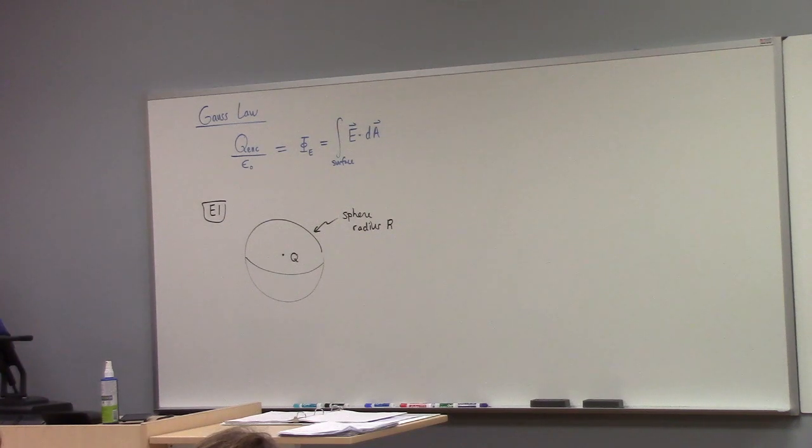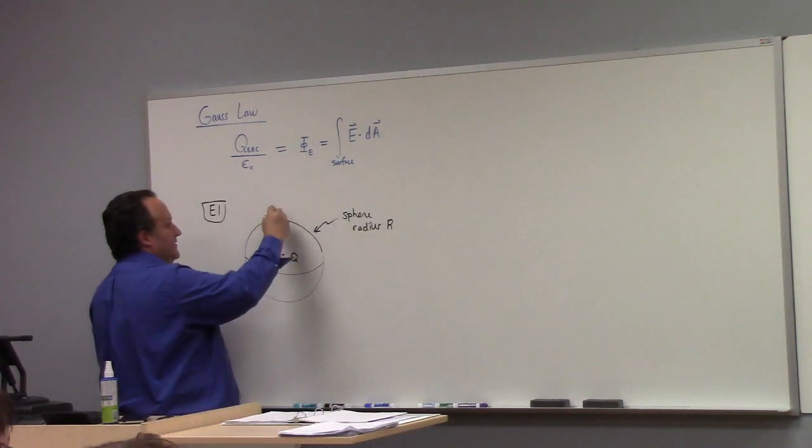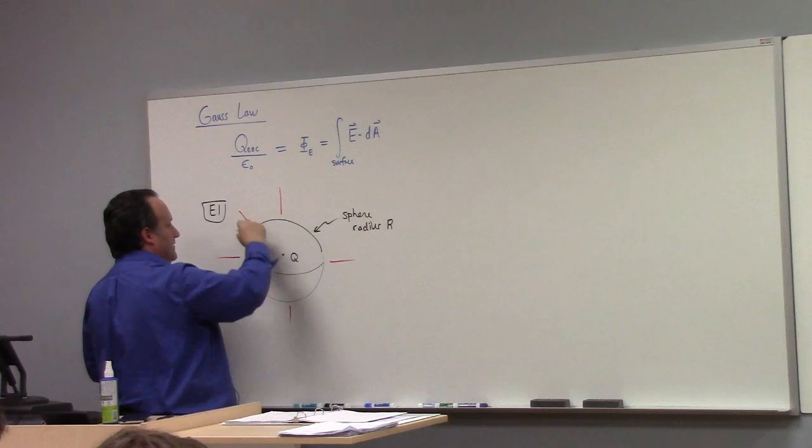Because the electric field points radially outward from the charge, and because there's a perfect symmetry, the charge being exactly at the center of the sphere, we can picture the electric field lines going like this, every different which way out of here.